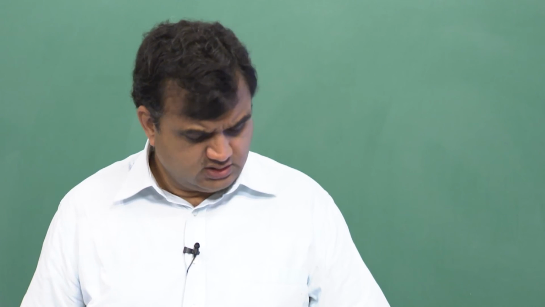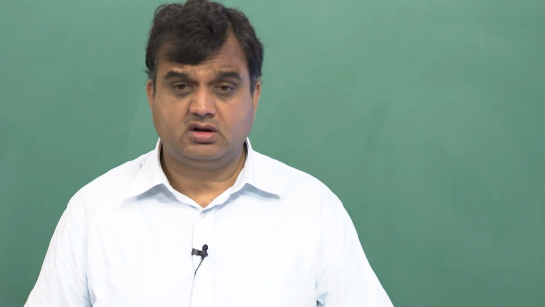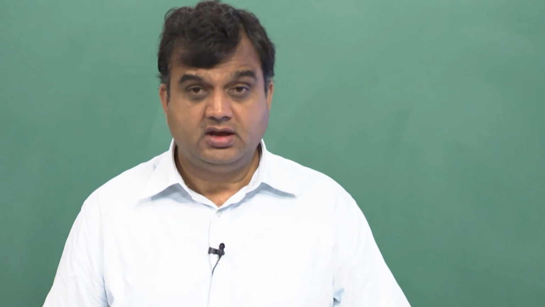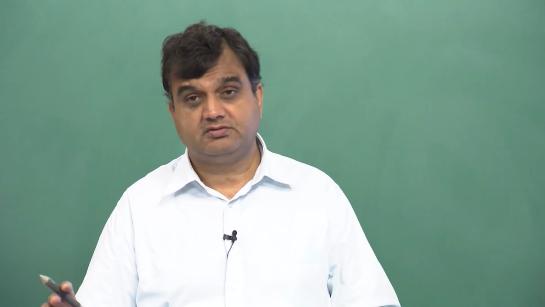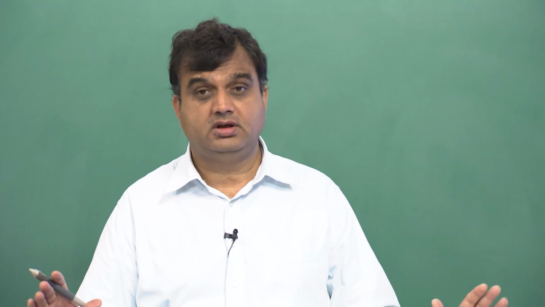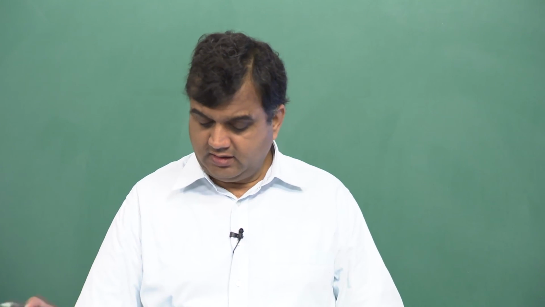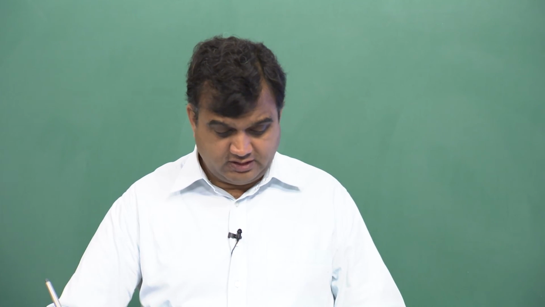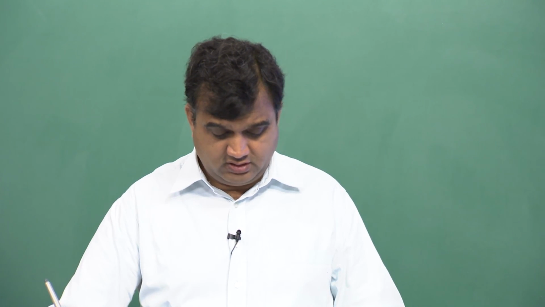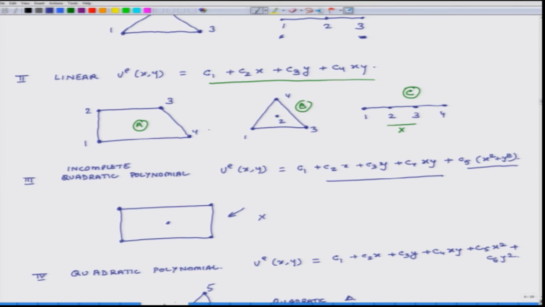So, this completes our discussion for this particular lecture. In the next lecture, we will develop the interpolation functions for a linear triangular element. And what we have discussed today are different types of elements. So, we have a linear triangular element, then we have a first order linear quadrilateral, then we saw that this incomplete quadratic polynomial does not give us a valid element.